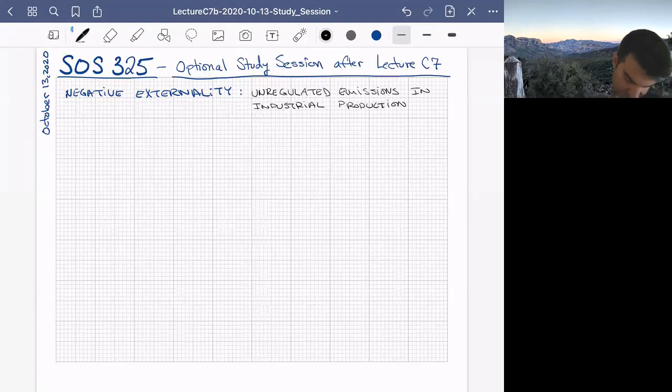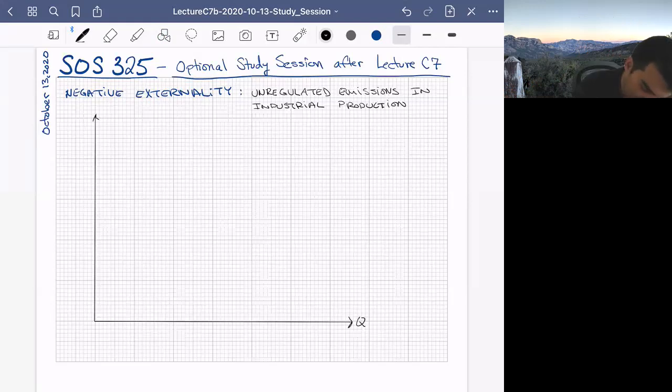So I am just going to make up numbers here, and we're just going to see how it lands. So I'm going to draw this market axis here. This is our quantity axis, and this is our marginal axis, dollars per quantity.